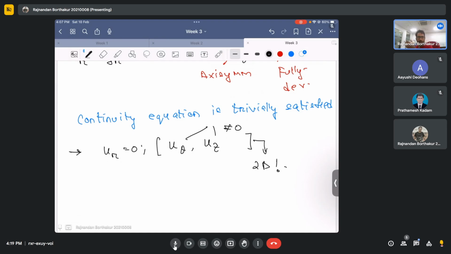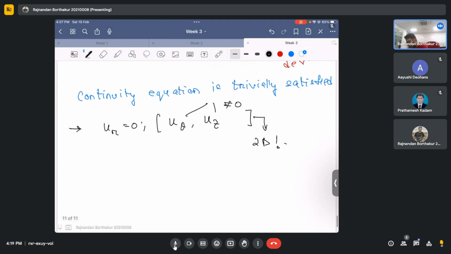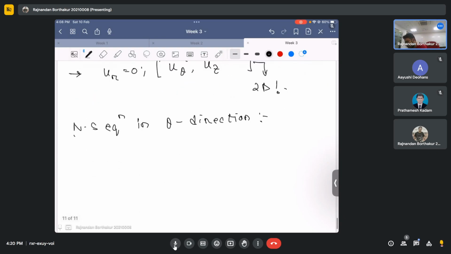So we will now start off very systematically. We will start by applying the Navier-Stokes equation in the theta direction and see what we get. Let's see if you can solve this problem or not. You don't need to remember explicitly the equation in cylindrical coordinates. I will write that for you. In the theta direction, the Navier-Stokes equation looks something like this.